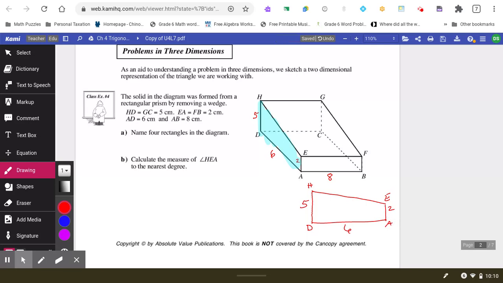Okay, I'm supposed to find the measure of HEA. That's all of this. You guys, the quickest thing to do is to draw a line across here, which makes this 2 and this a 3. It's not drawn to scale, let you know that.